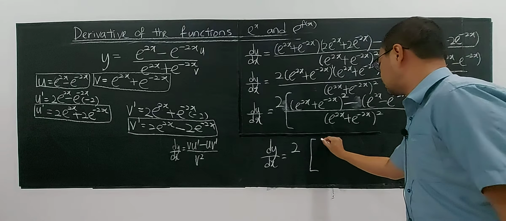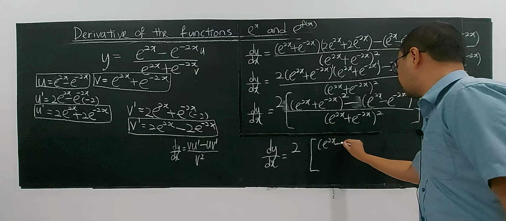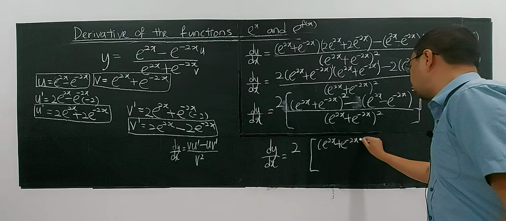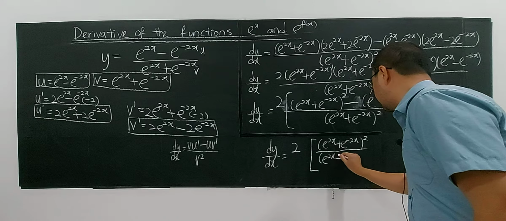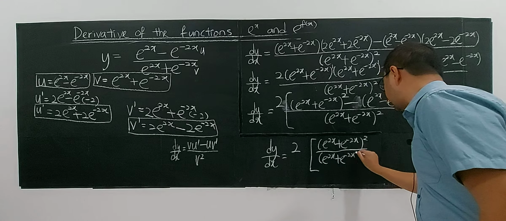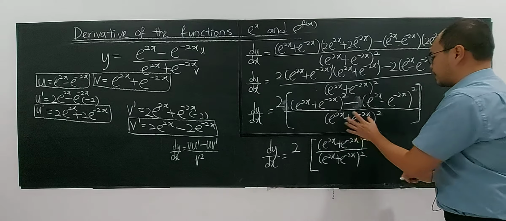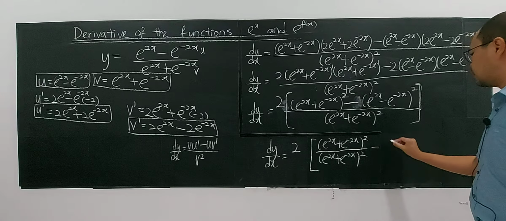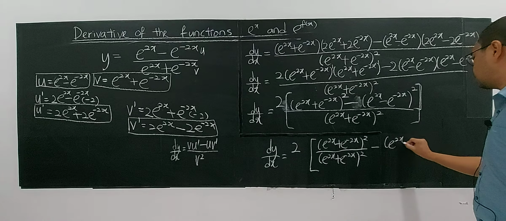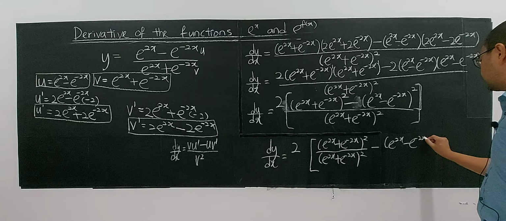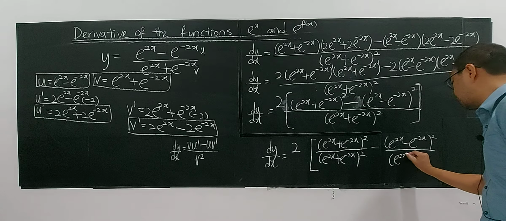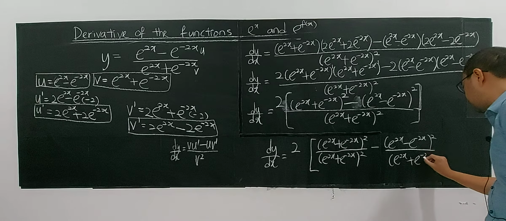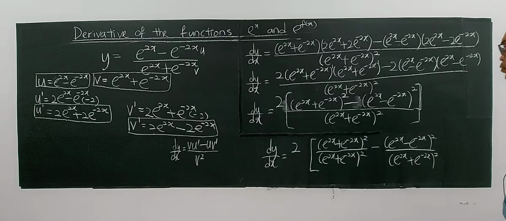So I take e to the 2x plus e to the negative 2x, to the power of 2, divided by e to the 2x plus e to the negative 2x, to the power of 2. Right? They are two identical things. So then I minus e to the 2x minus e to the negative 2x, to the power of 2, divided by e to the 2x plus e to the negative 2x, to the power of 2.